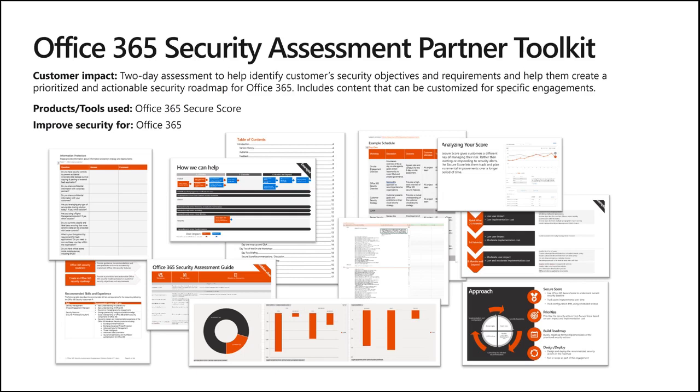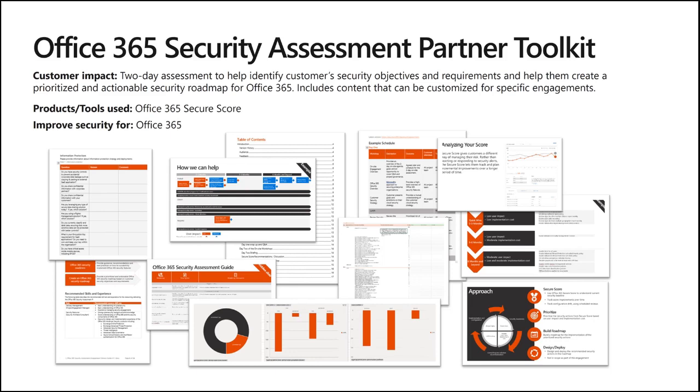So how do you do that? We basically talked about the GDPR framework, which was very, very high level. But there are other assessments available to you that I showed at the beginning of the slide deck. One of them is the Office 365 Security Assessment Partner Toolkit. This is the ability for you to come in, look at a customer's 365 deployment, and understand whether they have deployed some of the security and compliance workloads that are inherent with 365.